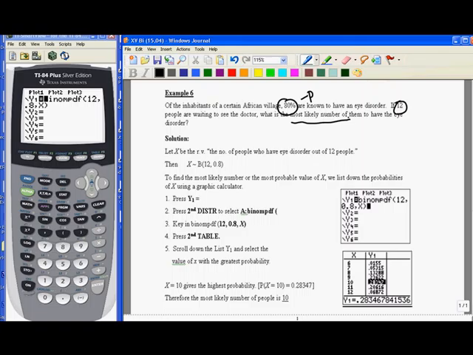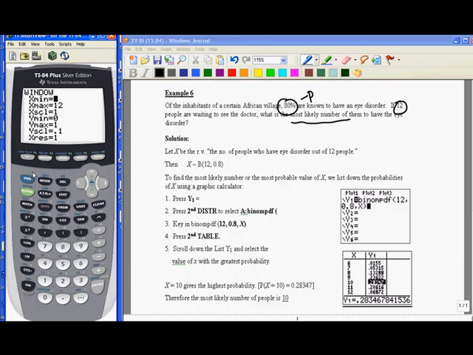So we describe X as the random variable, the number of people who have eye disorder out of 12 people. To find the most likely number, we list down the probabilities of X using the GC. So we go to Y1 and key in binom PDF, where n is 12, p is 0.8.